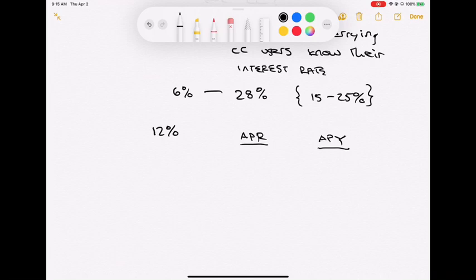Again, I will say that the average American consumer oftentimes doesn't know the difference, or certainly wouldn't be able to give a mathematical way of working through the differences between these two figures of APR and APY. I can almost guarantee you that your credit card will be expressed in the form APR.